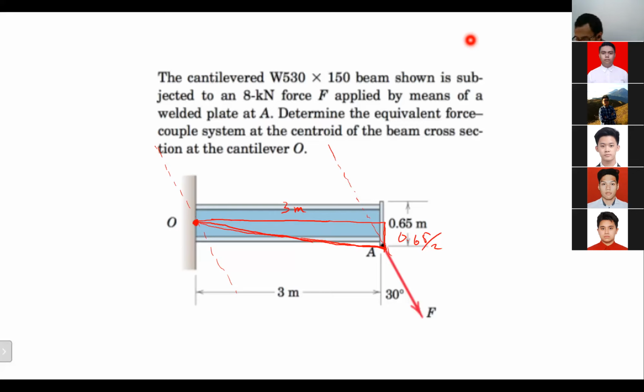Then what else are we supposed to do? Pythagoras maybe, and then search for the perpendicular distance after that. How? That's the question. The perpendicular distance is supposed to be like this. This is the perpendicular distance that you're supposed to find. How can we find it?